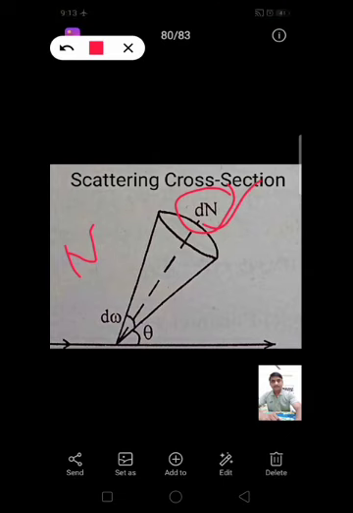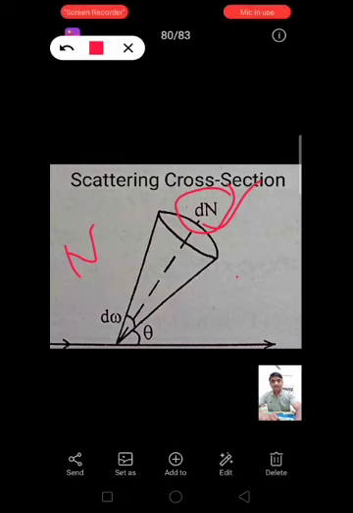That is nothing but the ratio of alpha particles scattered through solid angle per unit time to the incident number of particles. This is defined as the scattering cross section.